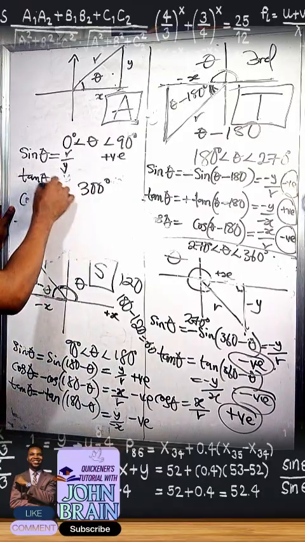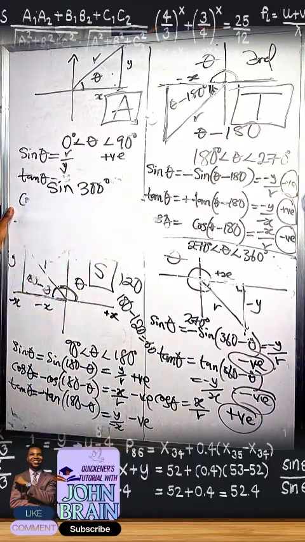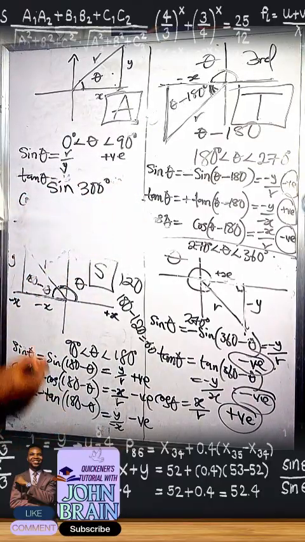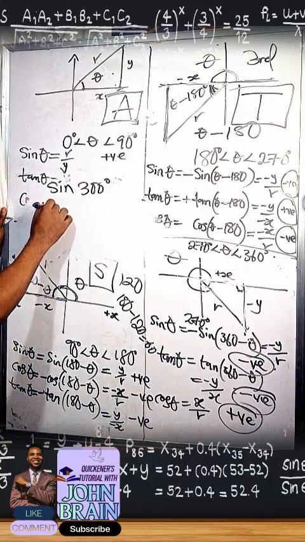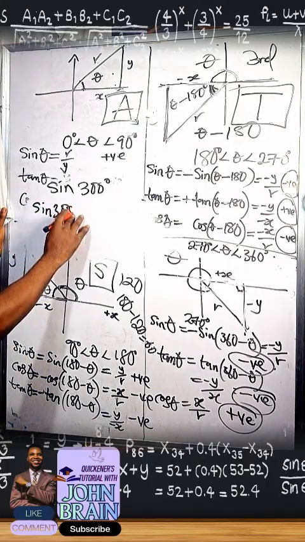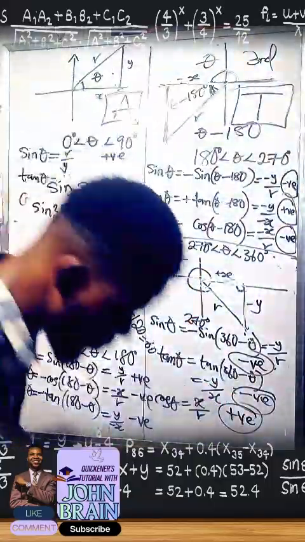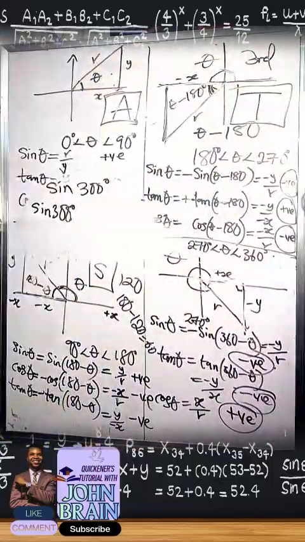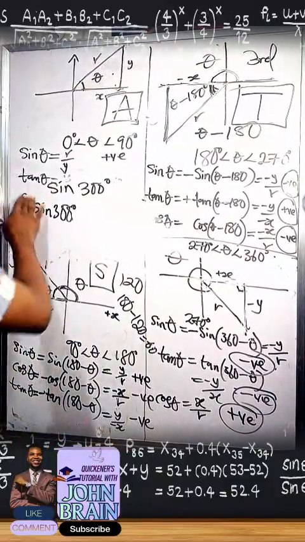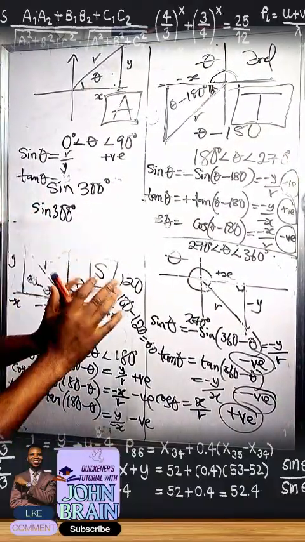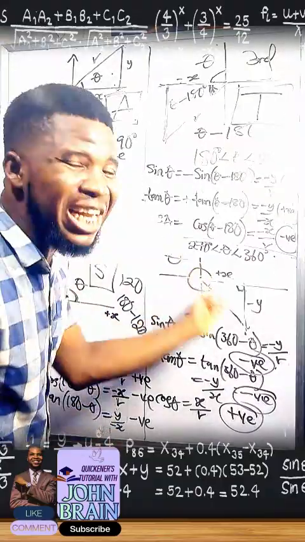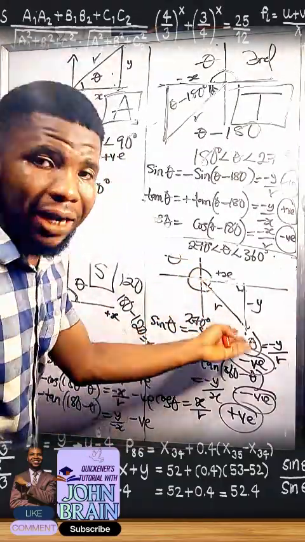So if you have sine 300 degrees, how do you get that? Remember, at the fourth quadrant, sine is negative.